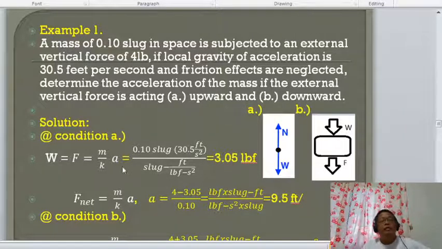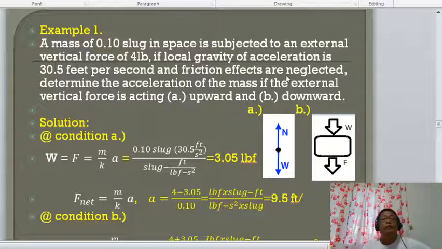Okay, so let us now again consider a problem or an exercise about the previous topic, the second Newton's law. A mass of 1 slug in space is subjected to an external vertical force of 4 pounds.